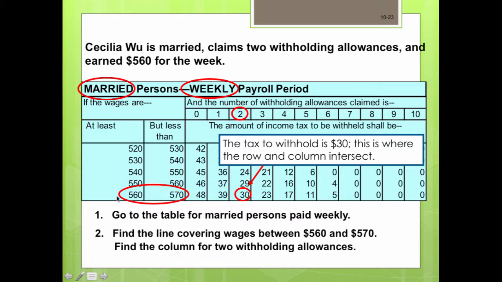You always look at the one that has the at least. Don't go to the less than. And then you go down to the number of withholding allowances and see where that path crosses. So this is $30. For Cecilia Wu, $30 is withheld from the paycheck for federal income taxes.